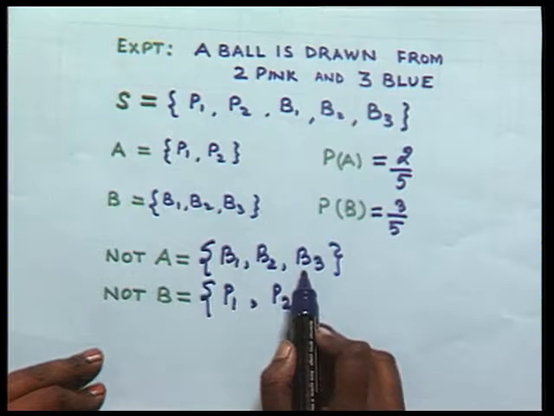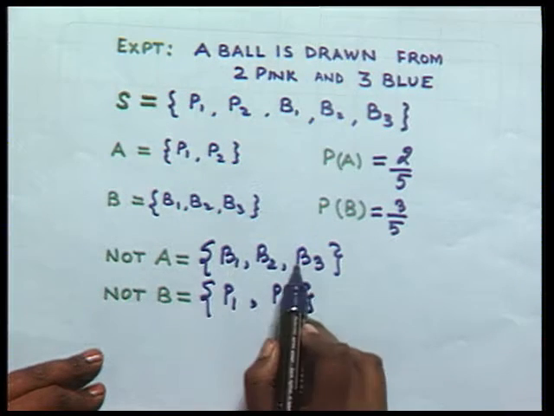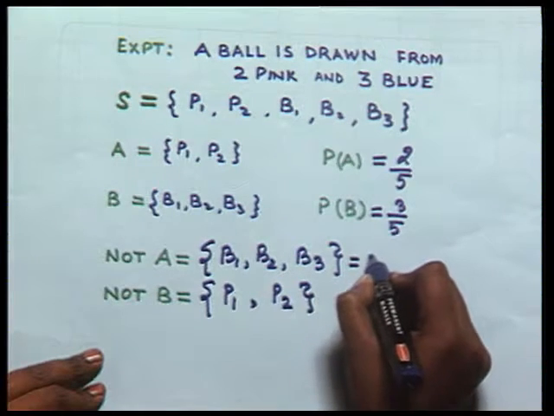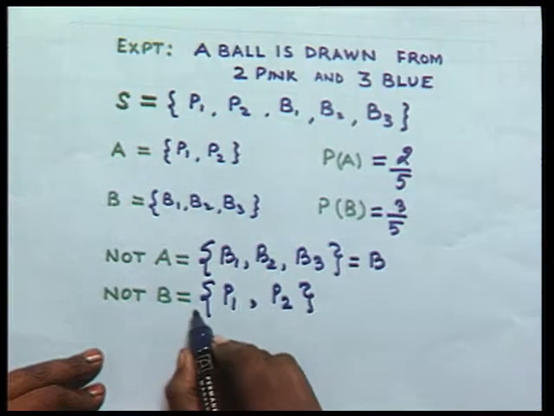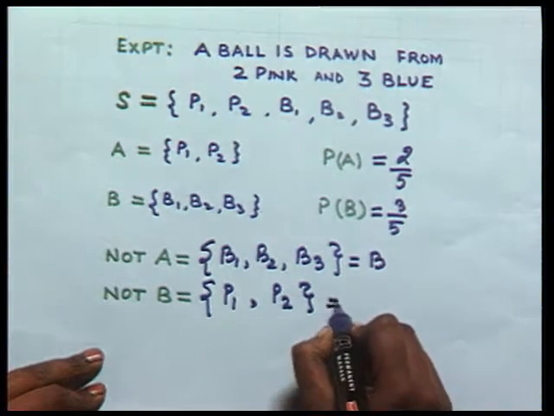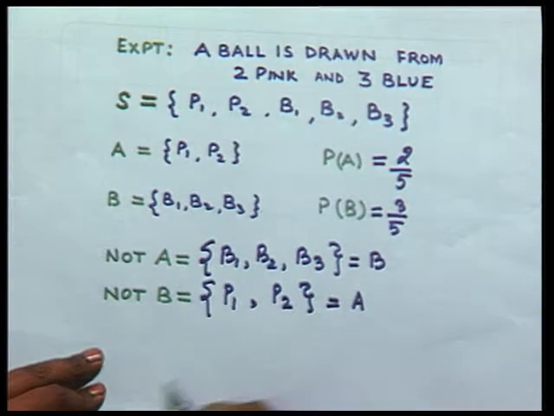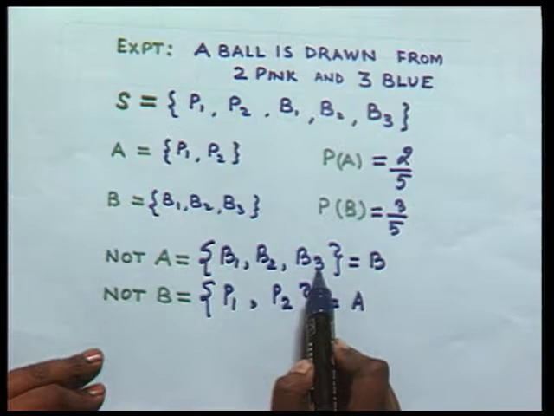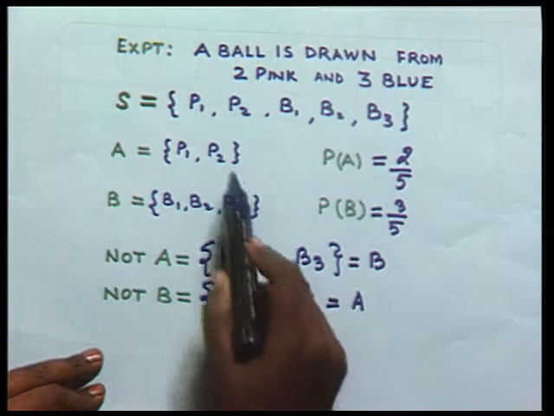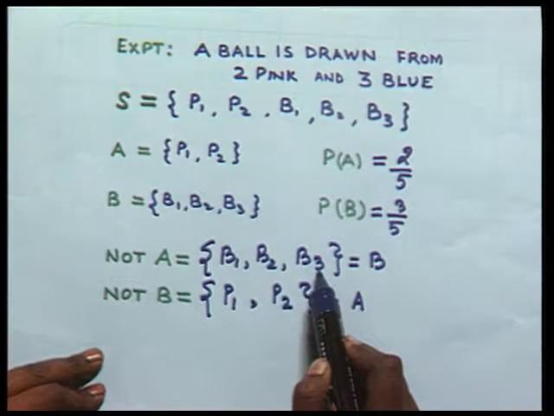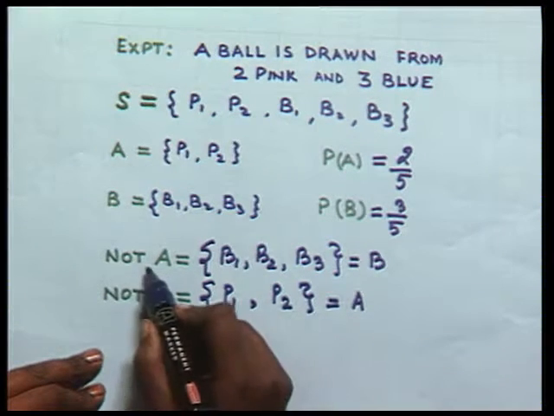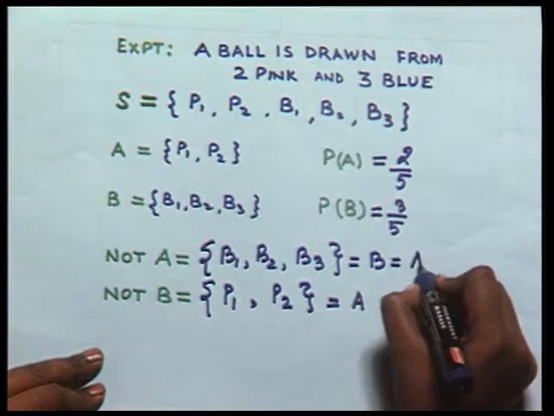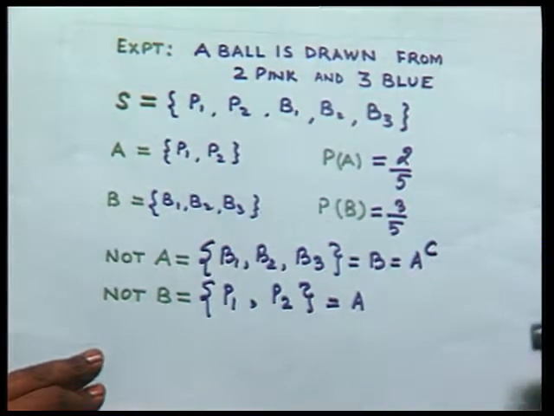You can observe that the event not A is nothing but the event B, and event not B is nothing but the event A. Also, event A and event not A are complements to each other. So, we can write event not A also as A complement.